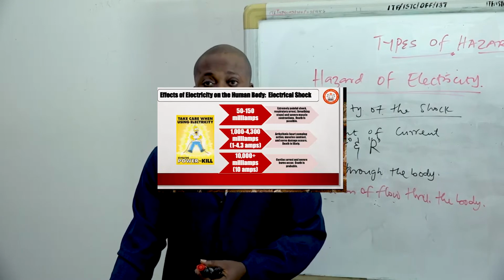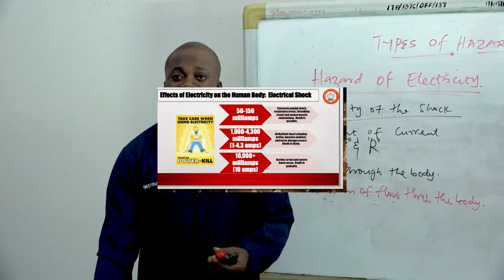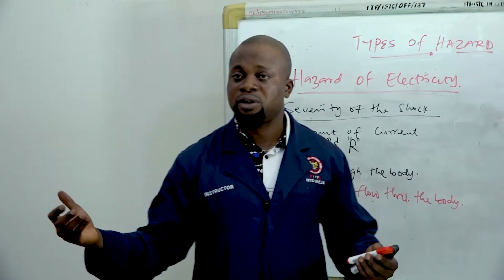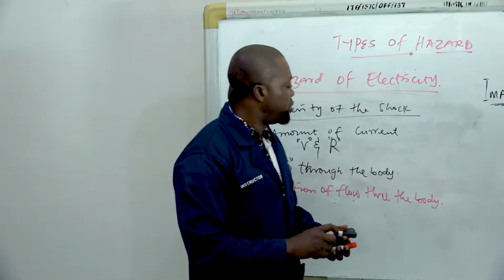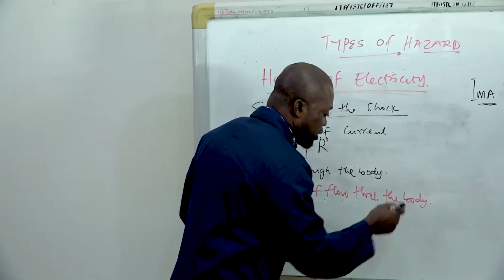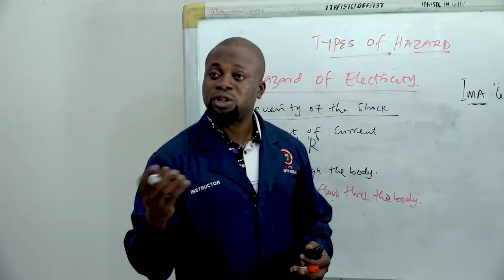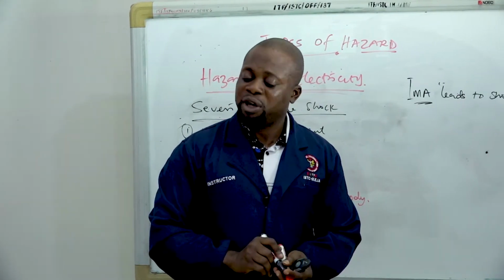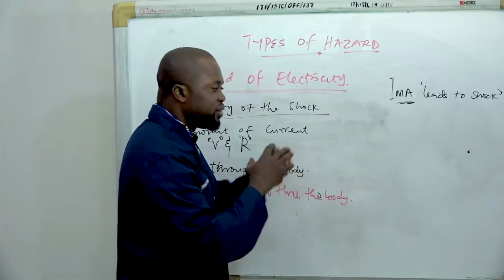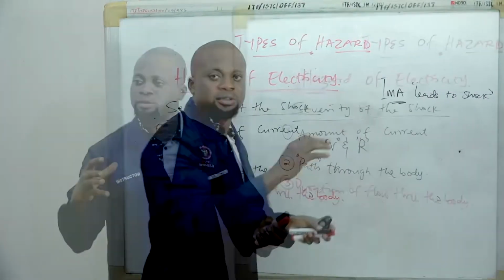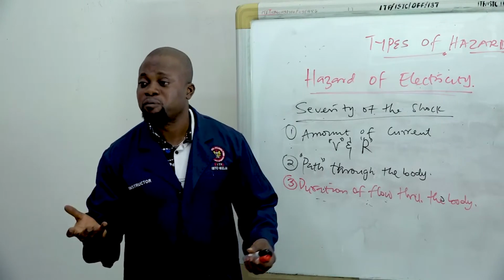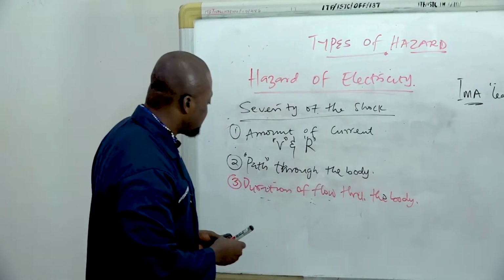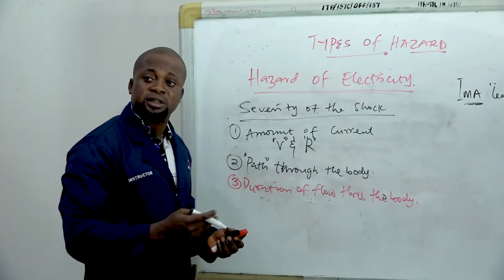If nobody is there to isolate or rescue such a victim, the person would have died before help comes. Some currents you make contact with may just repel you, then you are lucky. So duration is another determinant of the severity of shock.